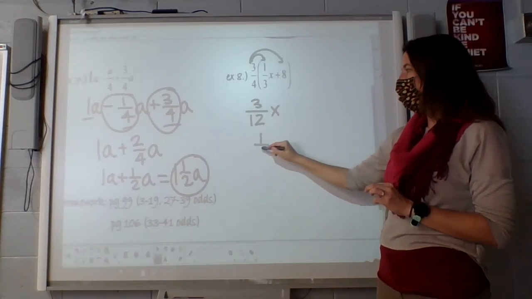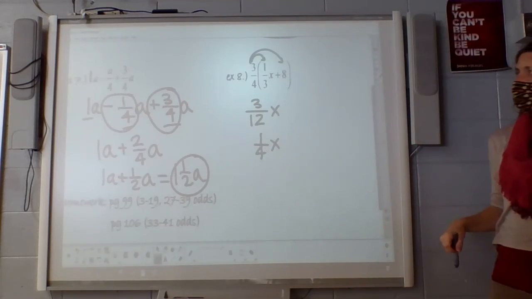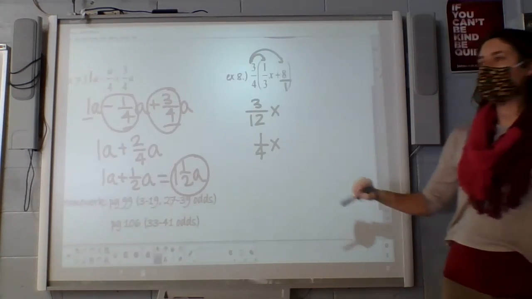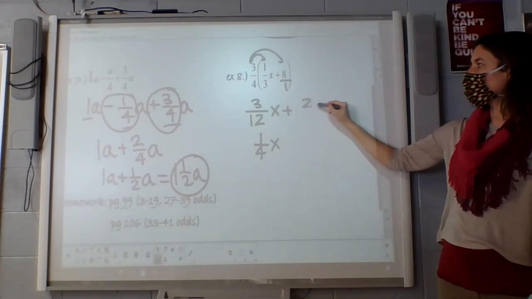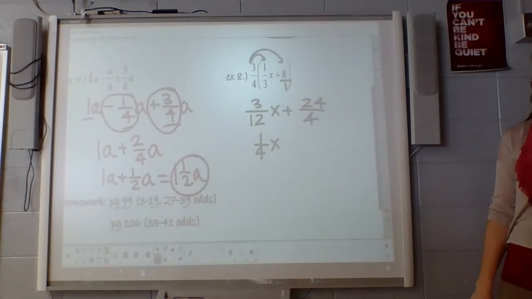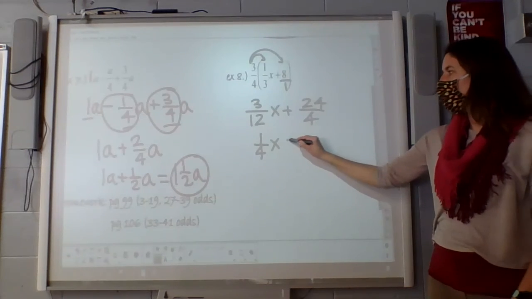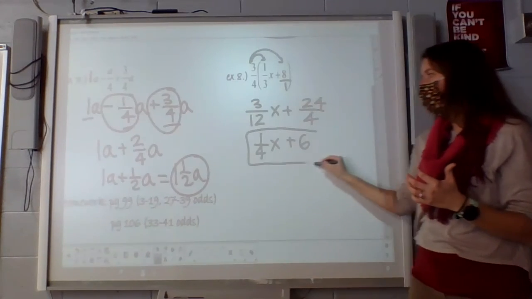She's just saying that's just a 4th x, because you can simplify that. But then the 8 has to get multiplied. So 3 times 8 is 24 over 4. 24 over 4 is, yep, 6. Okay? And then you can't combine those together because they're not like terms.